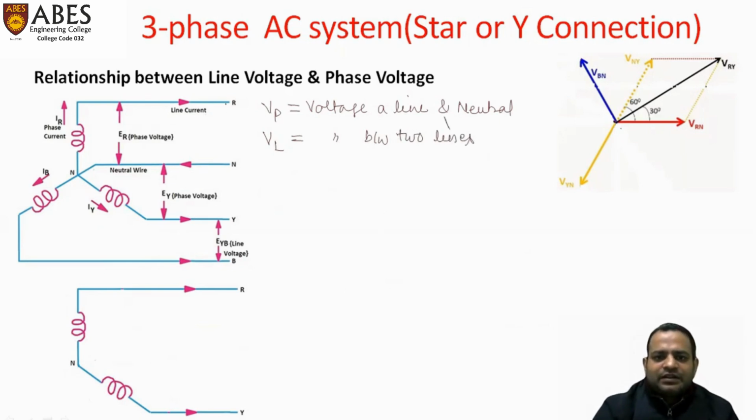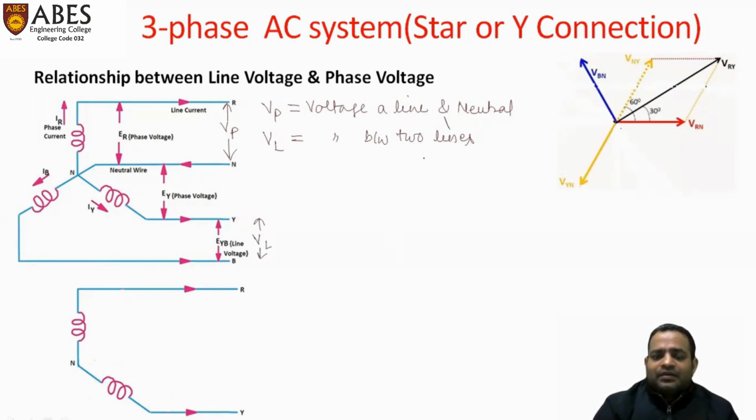So this is our Vp because it is the voltage between one phase and the neutral. And if we are talking about these two phases, we are seeing the line voltages.